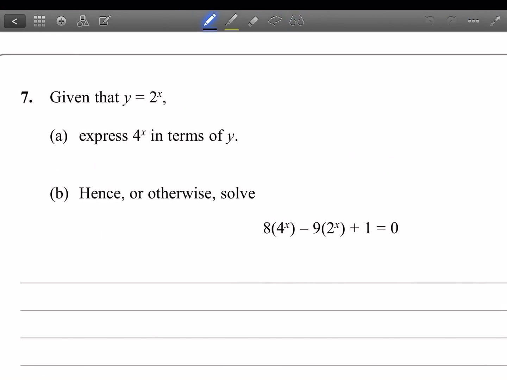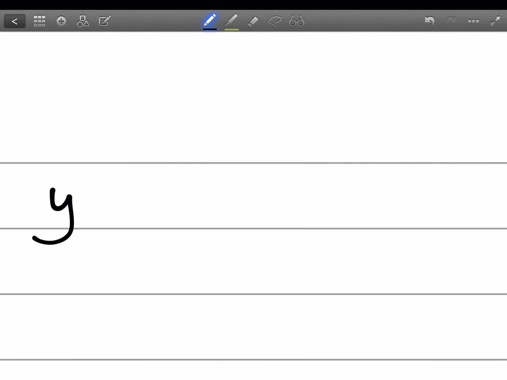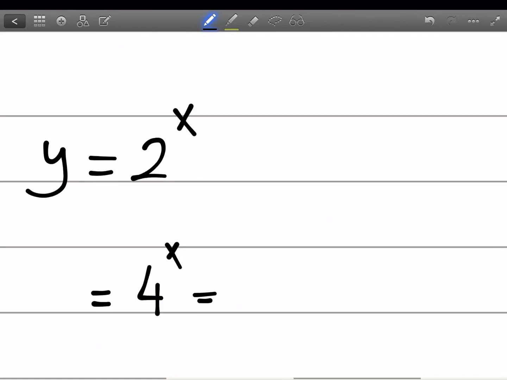Given y is equal to 2 to the power of x, express 4 to the power of x in terms of y. It's really easy, super easy. How can we solve this? Look at that. y is equal to 2 to the power of x. What about 4 to the power of x?